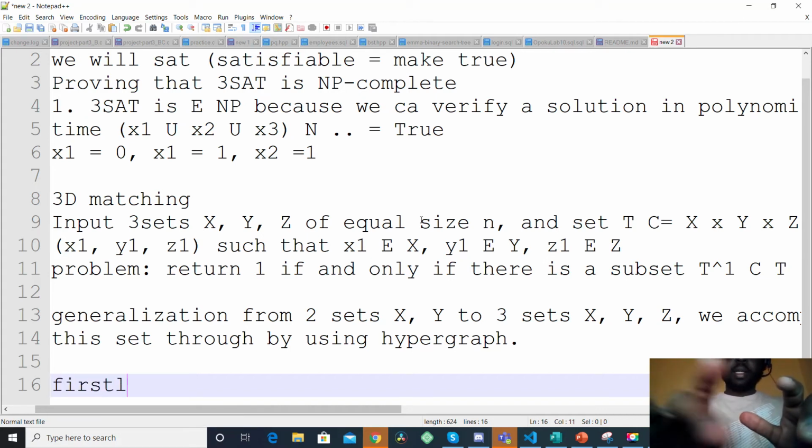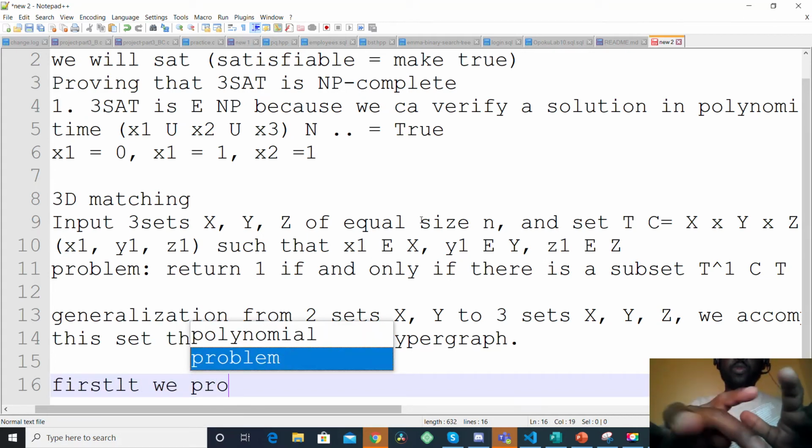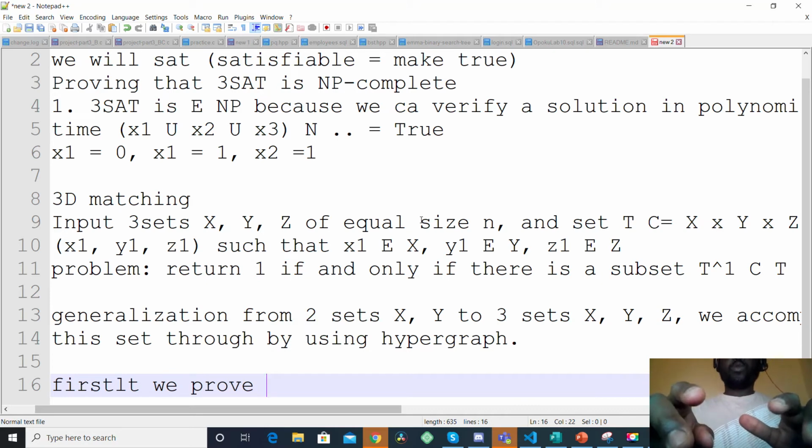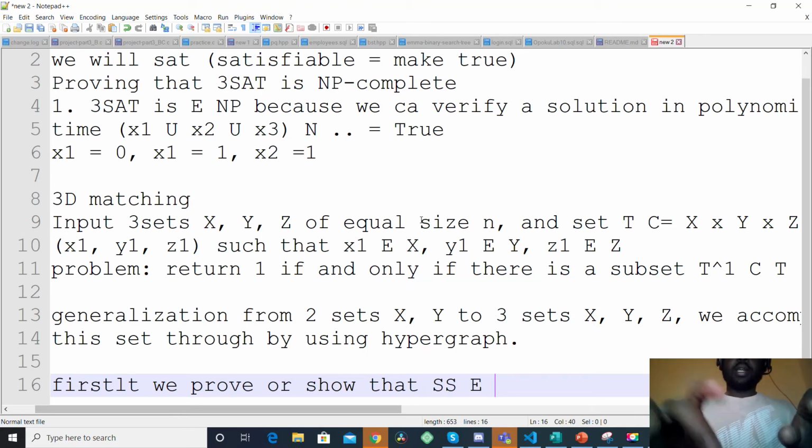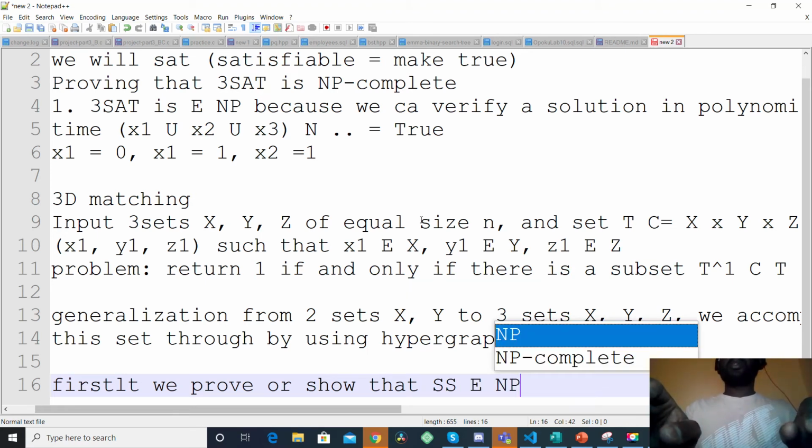So firstly, you prove or show that SS is in NP, and that is what you can do.